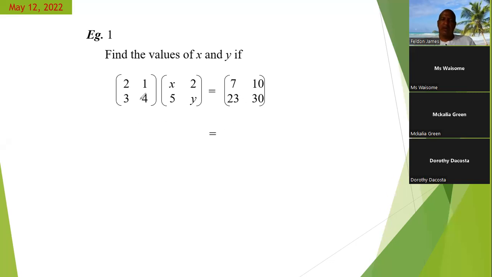So I was saying that first we have to multiply the two matrices on the left-hand side following the general matrix multiplication rule. If we do that, we have first row by first column: 2 times x plus 1 times 5. That would give us 2x plus 5 for the first element in our product.